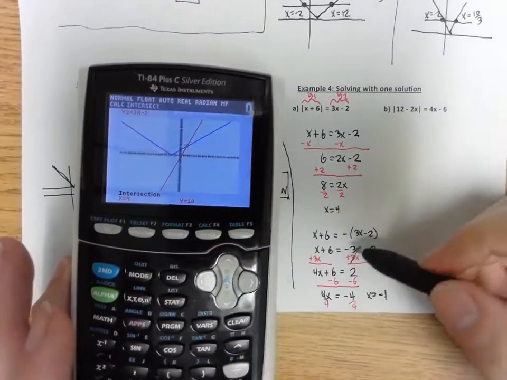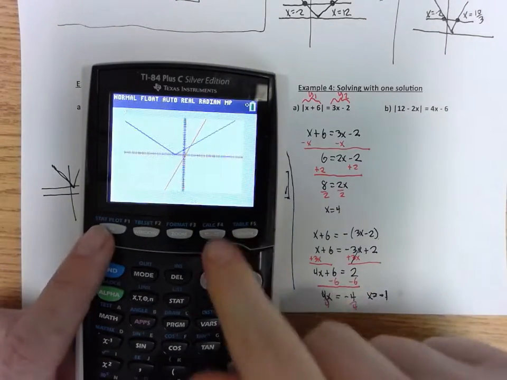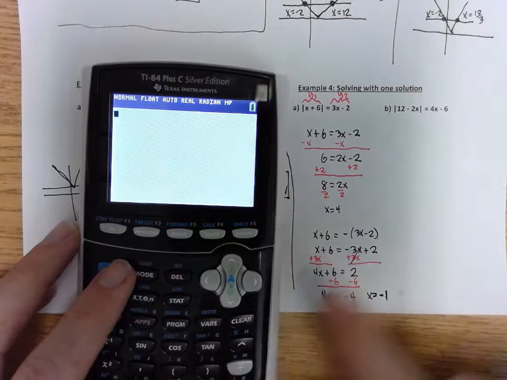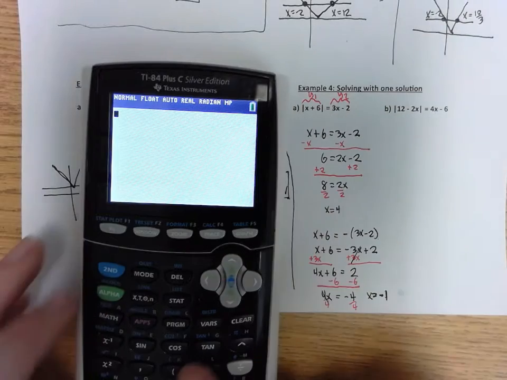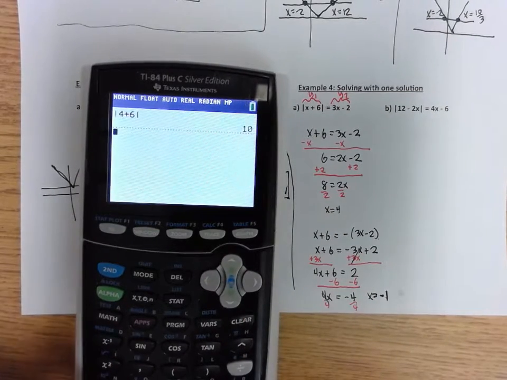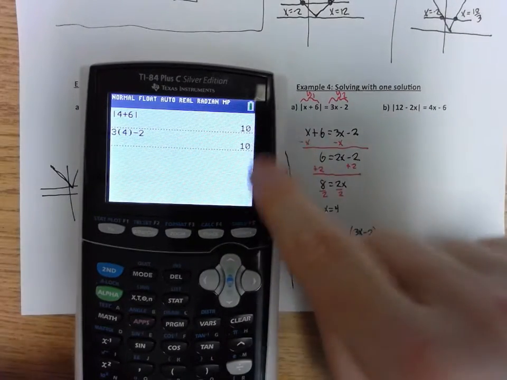So, if you do it by hand and you get your 2 answers, only one of them is going to work. If I go into my original expression and plug in 4, then the absolute value of 4 plus 6, and 3 times 4 minus 2, it's 10 on both sides.